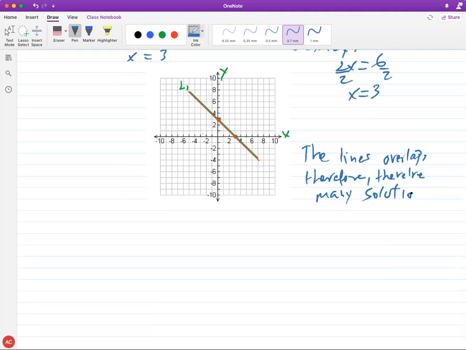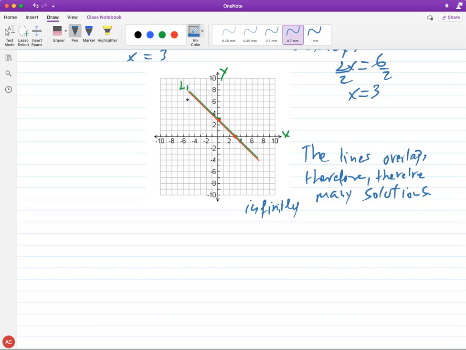Infinitely many solutions simply means that the lines don't stop, the lines keep going in both directions. So we have infinitely many solutions because the lines basically extend in both directions.